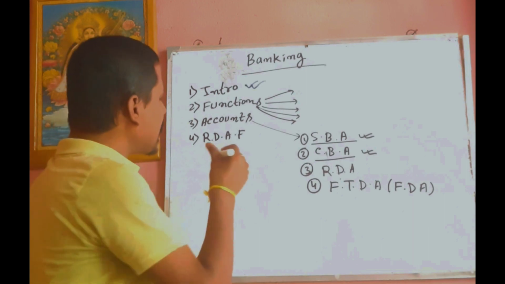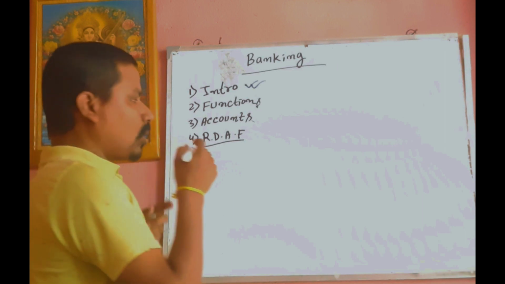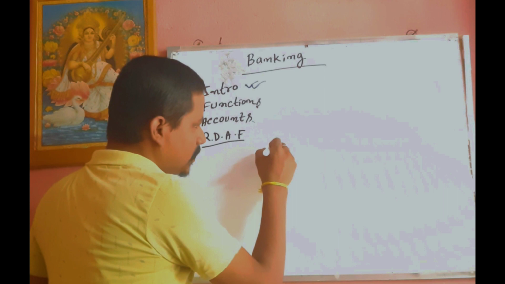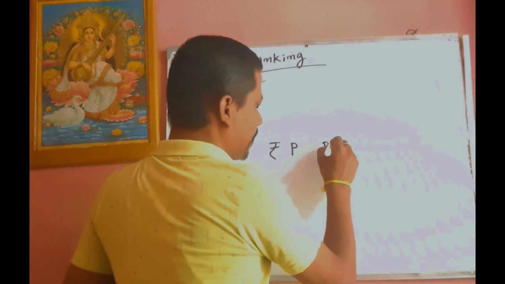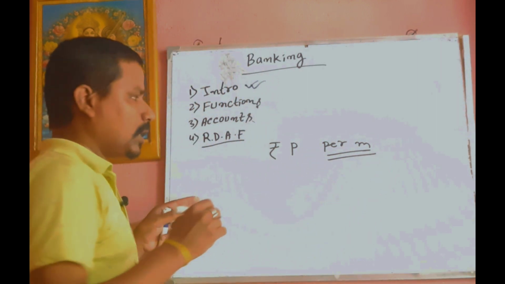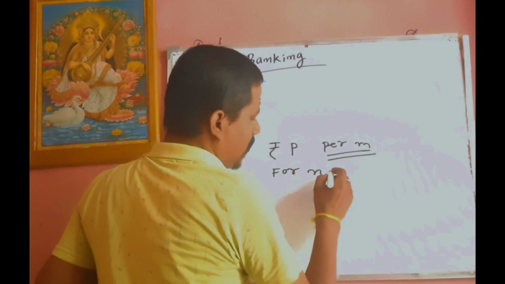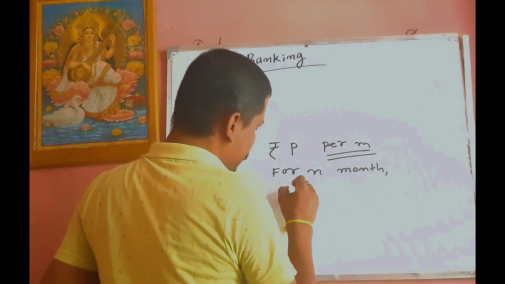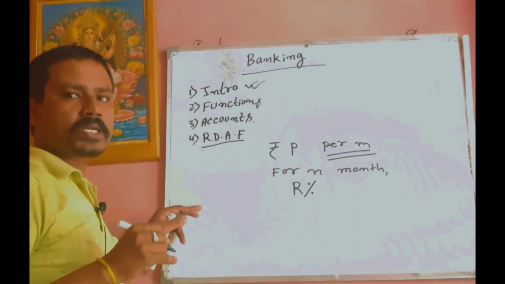And now we move to the next part, the recurring deposit account formula. Suppose you are depositing Rs P per month for n months, and the rate of interest per annum is R%.